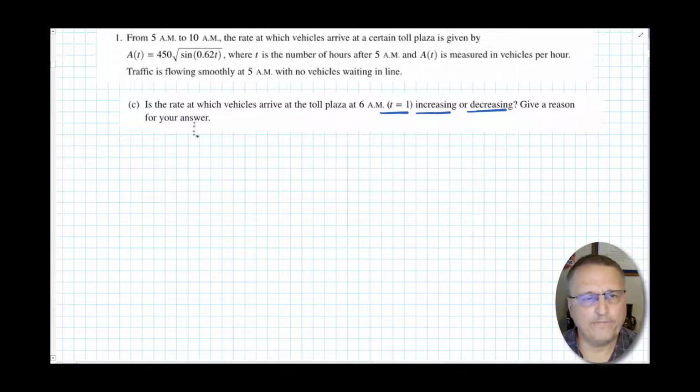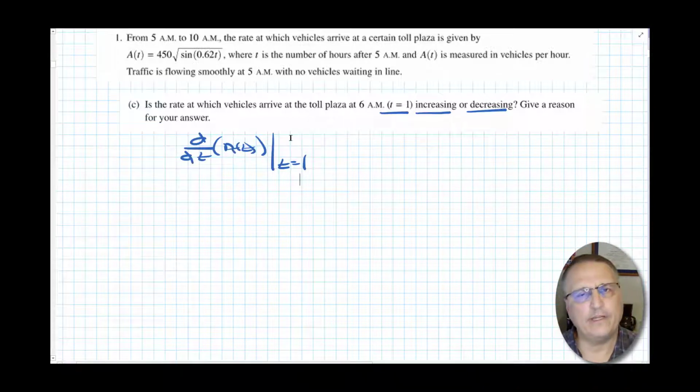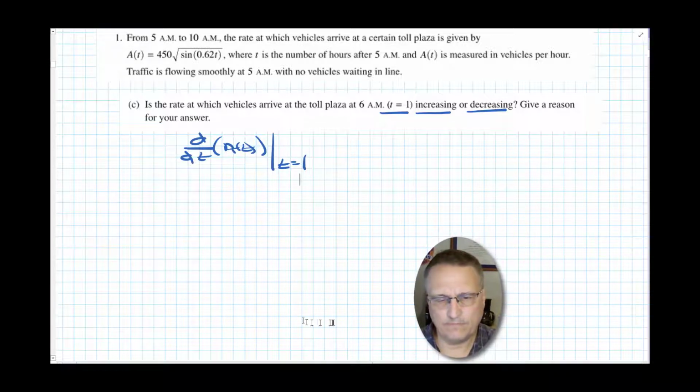So what we have to do here is take the derivative of A of t with respect to time, and then evaluate it at t equals 1. We're going to use our TI-84 to accomplish this.